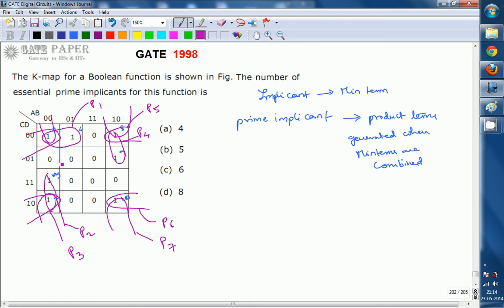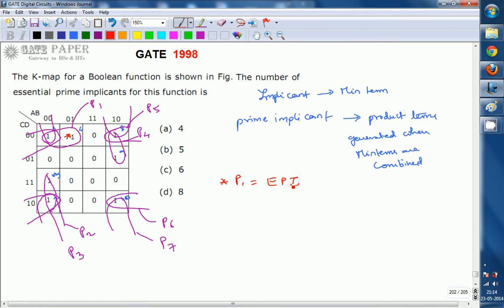You can consider only one of them. But the one present in the fourth cell can only be covered by this one, the starred one, so p1 is an essential prime implicant.